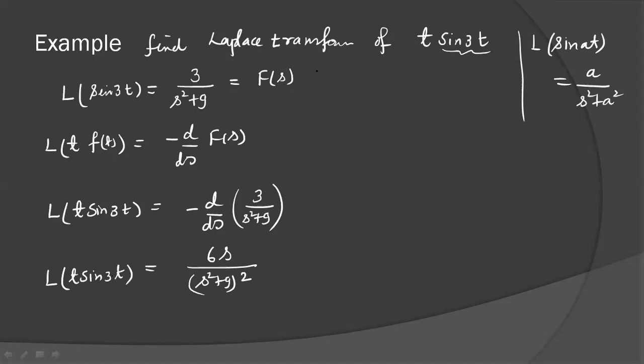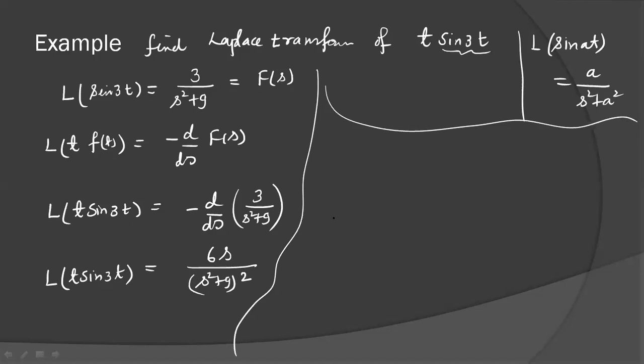One very famous question asked in the GATE exam and many engineering exams also: find the integral from 0 to infinity of e to the power minus t times sine 3t dt. We cannot find this integration using integration by parts, but with the help of Laplace we can find it very quickly.